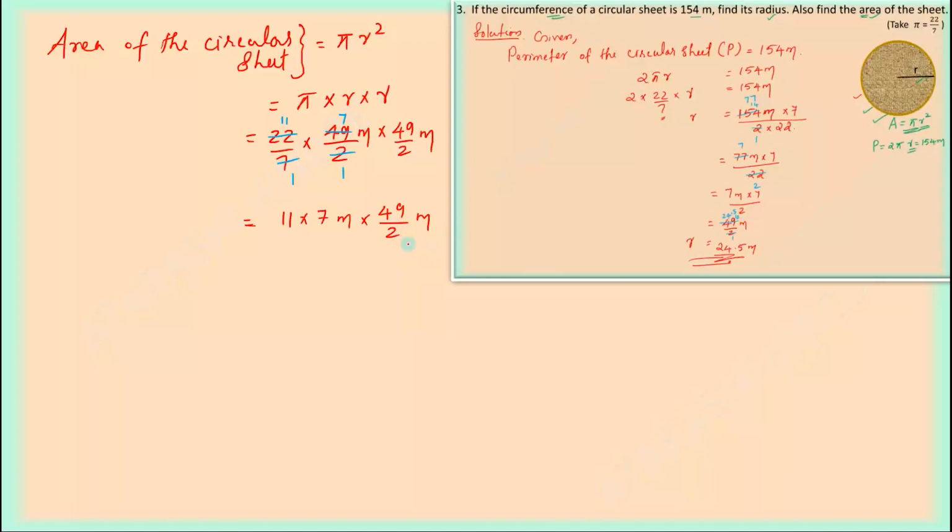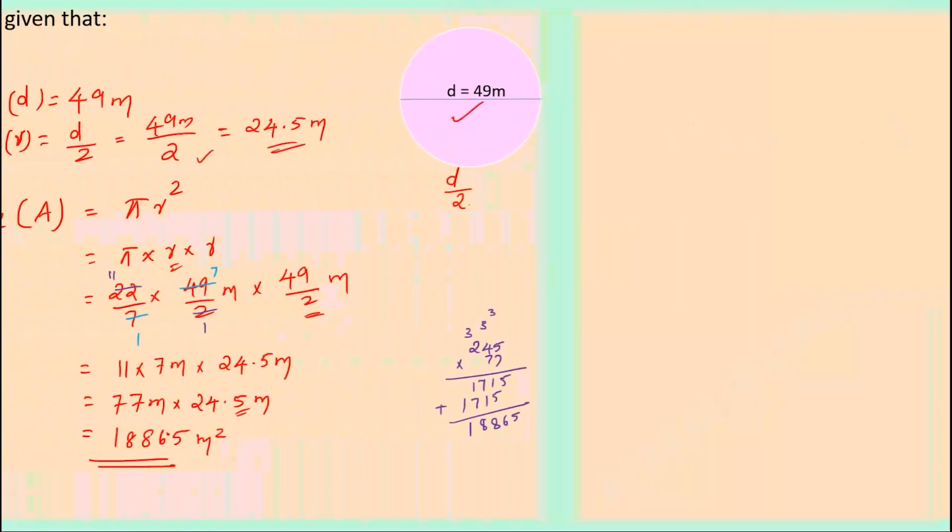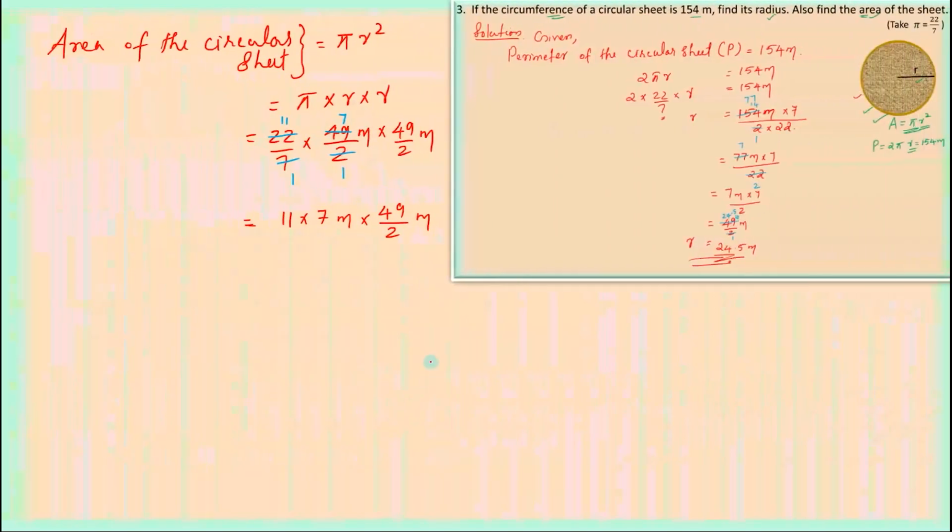So this becomes 11 into 7 meter into 49 divided by 2 meter. Here for 49 by 2 you can write 24.5 as we have done in the second question. But here I am going to multiply 11, 7 and 49. Then we will divide this product by 2. Now 11 into 7, that is 77 meter into 49 meter divided by 2.